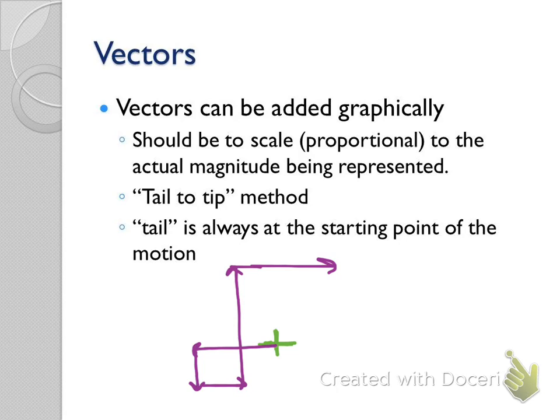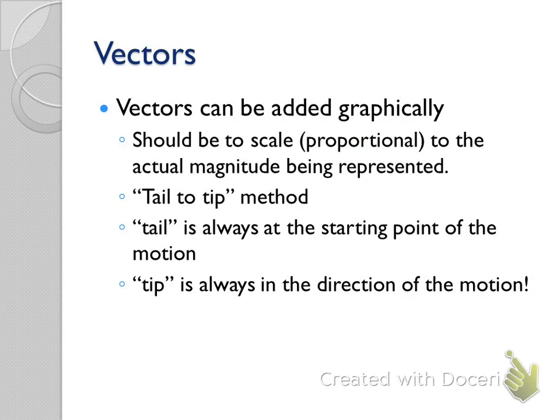Does that kind of make sense, tail to tip method? We're always going to start with the tail at the origin, and then we're always going to have the tip end up somewhere else, okay? The tip always goes in the direction of the motion, so the arrow itself needs to be drawn in the direction of our motion. That should be pretty self-explanatory. If I'm walking to the east, I need to draw it to the east, okay?